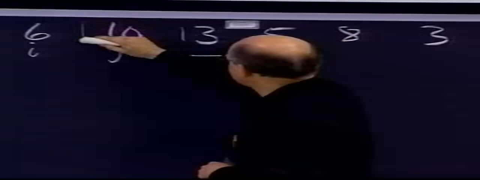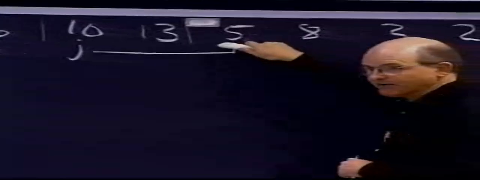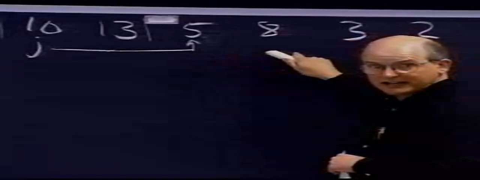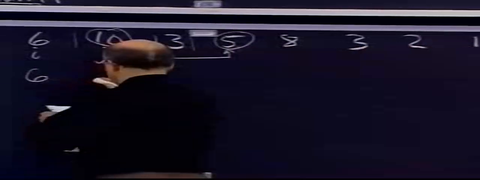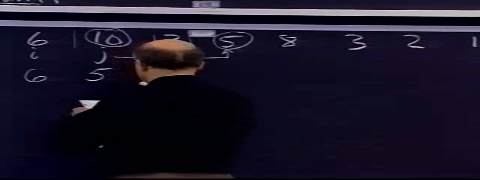So at this point, we've essentially established this region here as being the part that's greater than or equal to x, and we suddenly hit something that doesn't let us extend our invariant by simply increasing j. Okay? So what we do then is we look at this value, and we increase I and look at this value. And we swap them. Okay? And when we do that, we get 6. Okay? 5 and 10 are swapped.